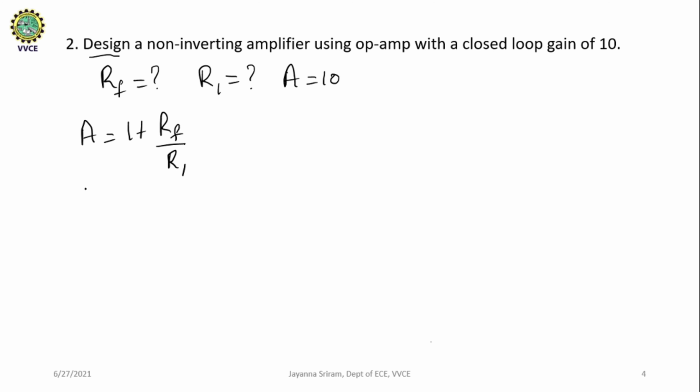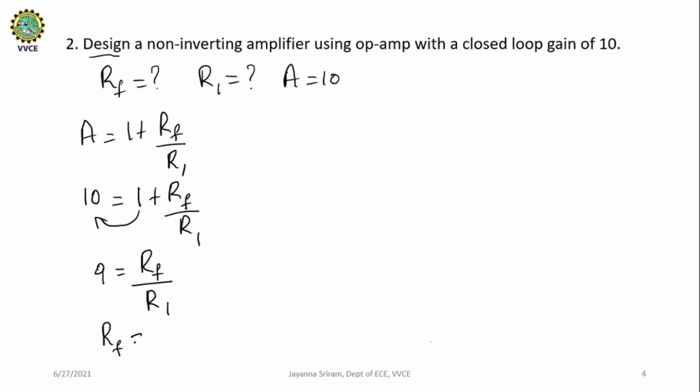The gain is 10 and we need to calculate Rf and R1. I am going to take 1 to the LHS. Now 10 minus 1 is 9, which equals Rf divided by R1. So I can write this as Rf equals 9 times R1.